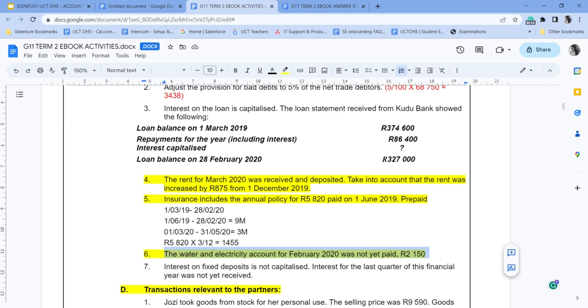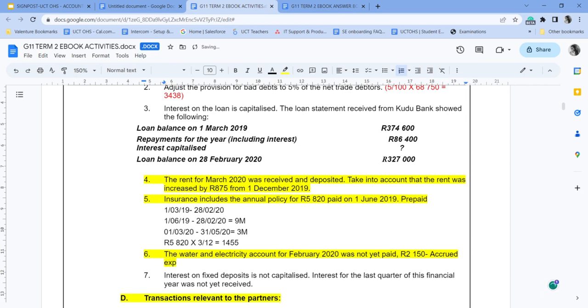You get it? We got the bill. This is how much we're owing, but we have not paid it. And since we have not paid it, it's an accrued what? Expense. Should have been paid, but has not been paid. You get it? So accrued expenses are what we should have paid, but we have not yet paid.